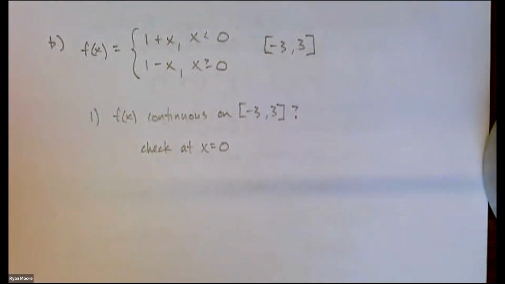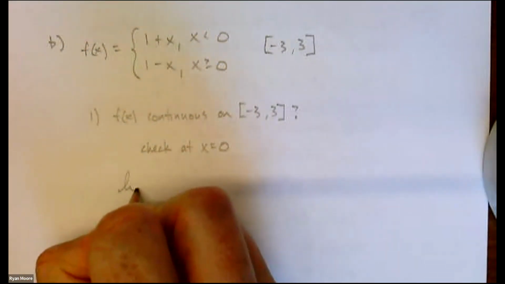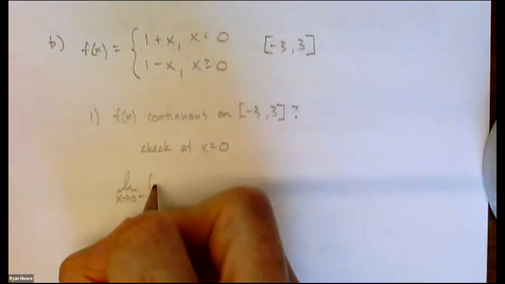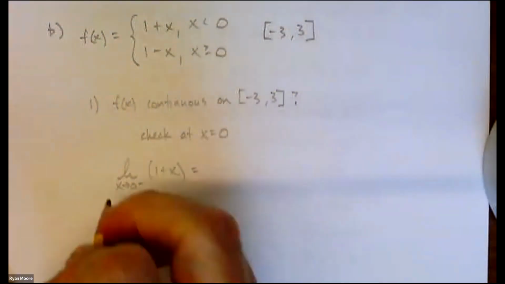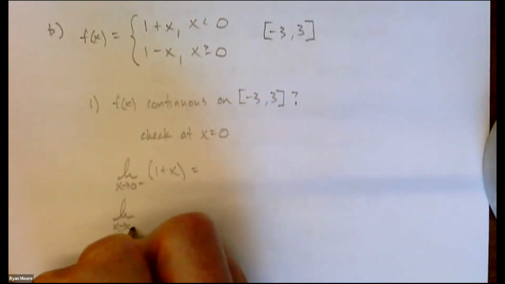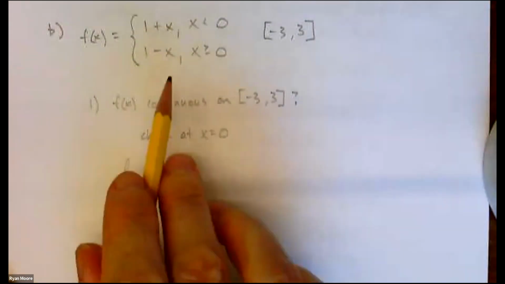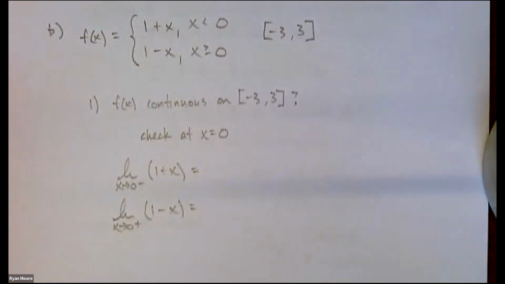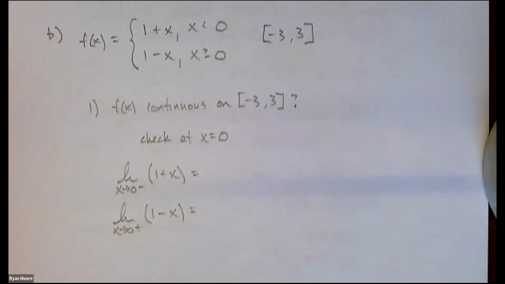How are we going to do that? We're going to take the limit from both sides. We're going to take the limit as x approaches 0 from the left. From the left, we would use the first piece. And we're going to check the limit as x approaches 0 from the right. And these need to be the same. And the function value needs to equal that as well to be continuous.